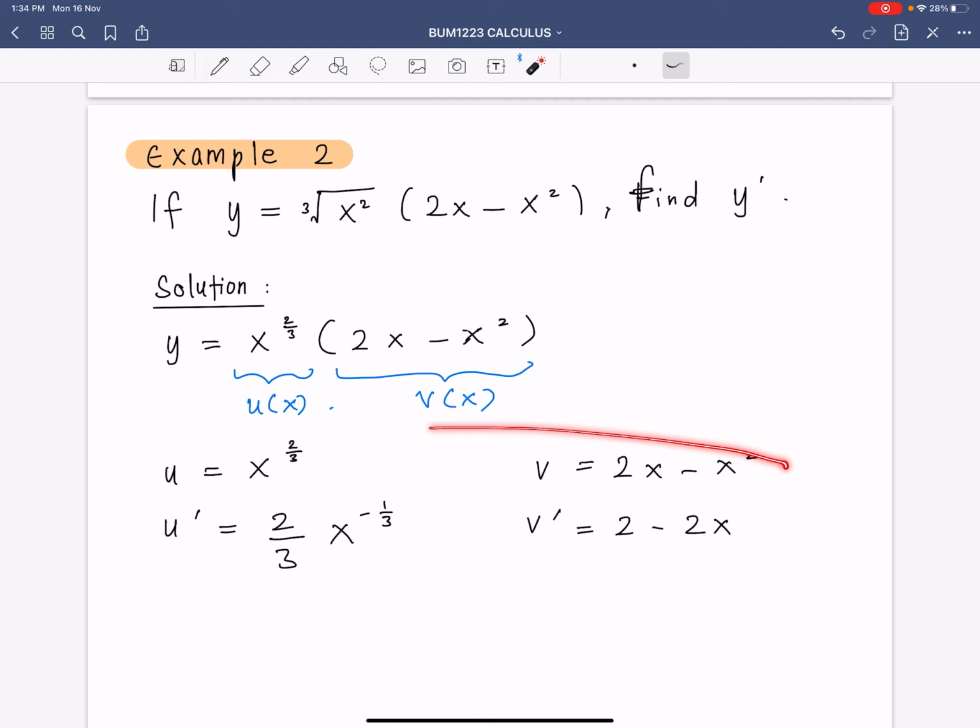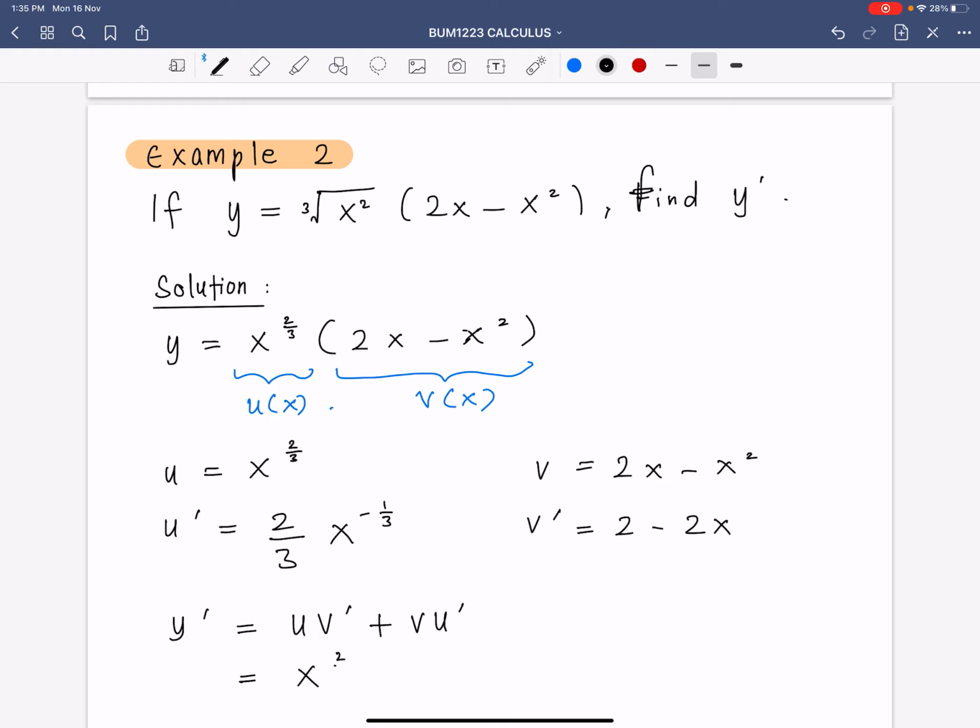Then we will substitute the results into the formula. y' equals uv' plus vu', where our u equals x to the power of 2/3.